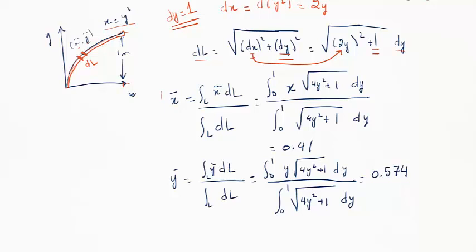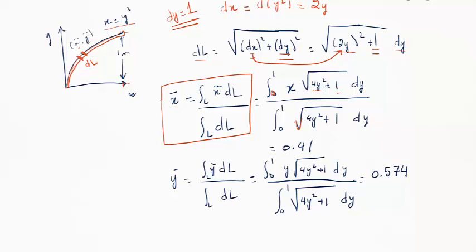Now to get x bar, we do the equation that we talked about before. It's going to be the integral from 0 to 1, that's the length, of x square root of 4y squared plus 1 dy. Now I'm just expanding here, so 2y squared is 4y squared, plus 1 dy, over integral 0 to 1 square root of 4y squared plus 1 dy.